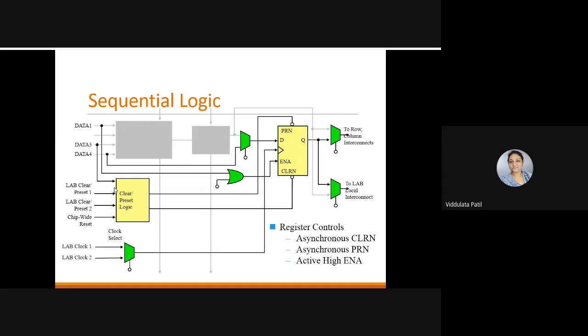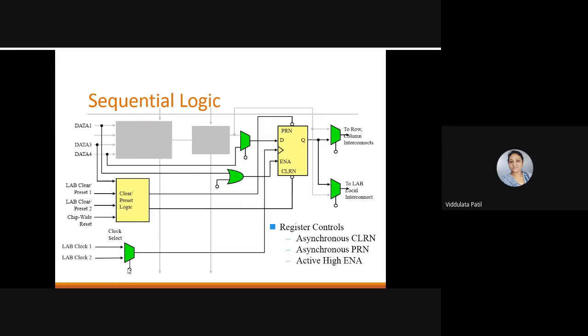So these signals will be used for clearing or resetting of the flip flop, and then it will also use clock signals, that is, logic array block clock signals 1 and 2. As we know that there are two clock signals, so that will be used.